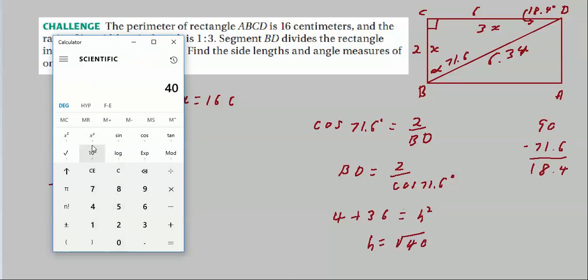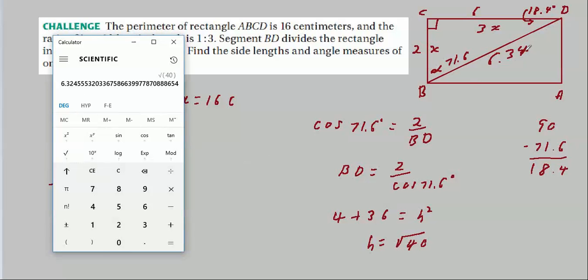Is there a square root here somewhere? Yeah, I think this is the square root side. 6.33. Okay. Looks like the same answer, just about. I got 6.34 when I rounded off.